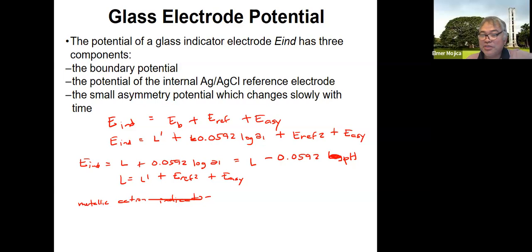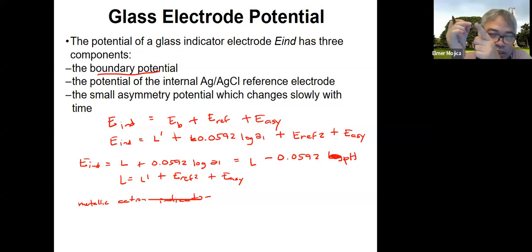One is a redox potential in the metal, and here, this is the boundary potential. So the glass, I would say, is the one that plays an important role in the pH electrode.